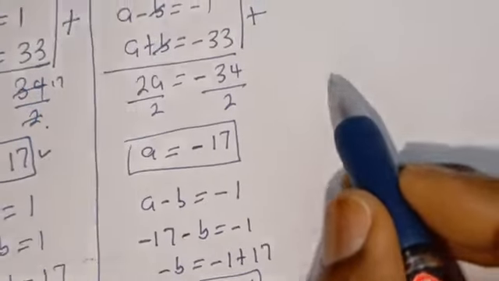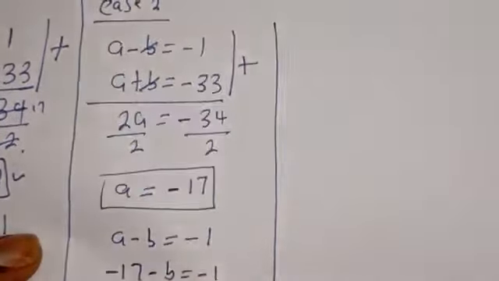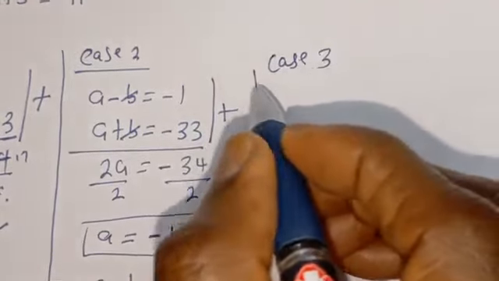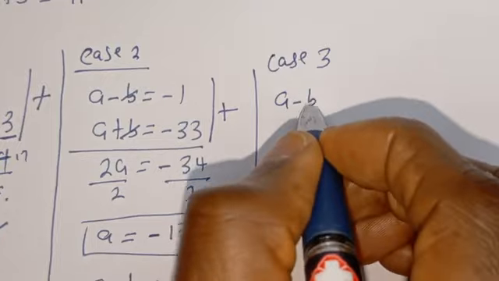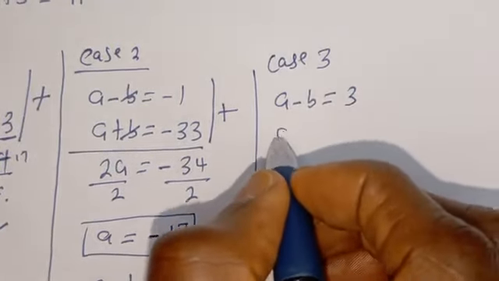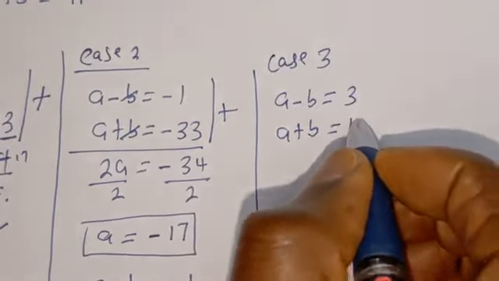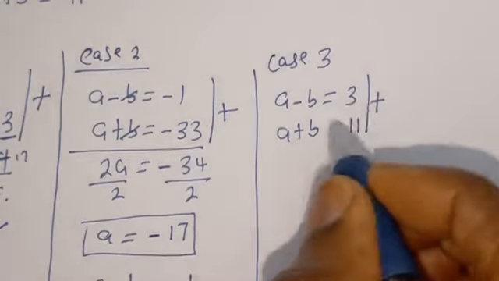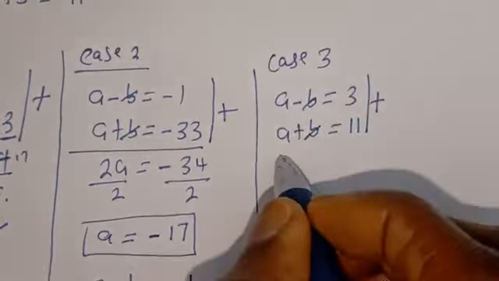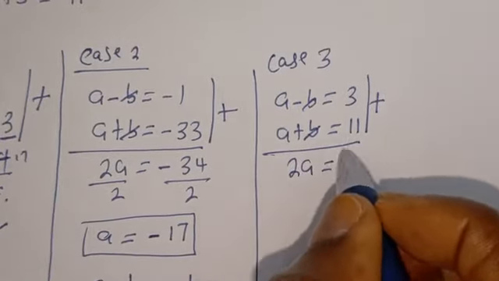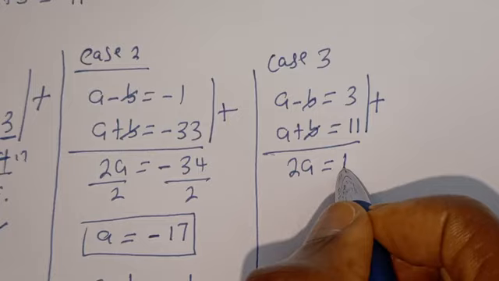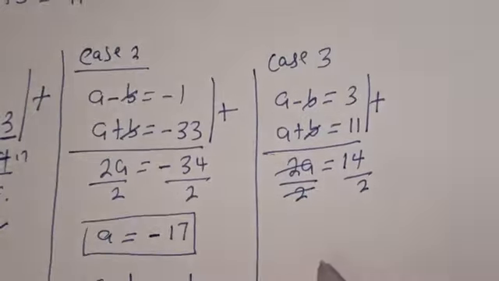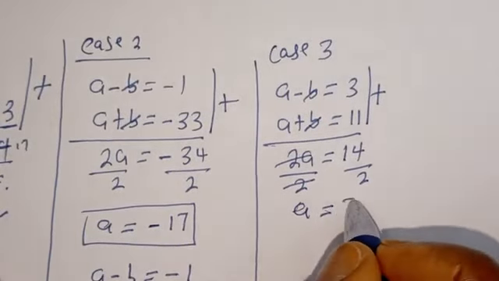Let's consider the third case again, case 3. From the third case, we have a minus b is equal to 3, then a plus b is equal to 11. Now we can solve using the elimination method by adding the two equations together. This will cancel this. Here, 2a is equal to 11 plus 3, that is 14, divided by 2, so a is equal to 7.